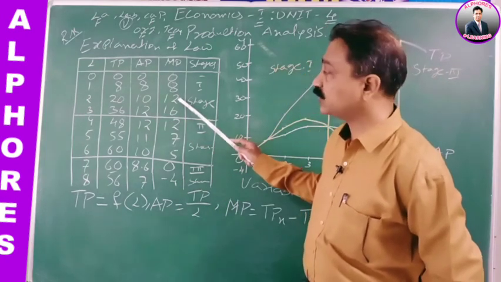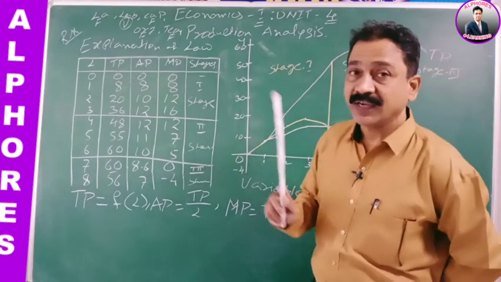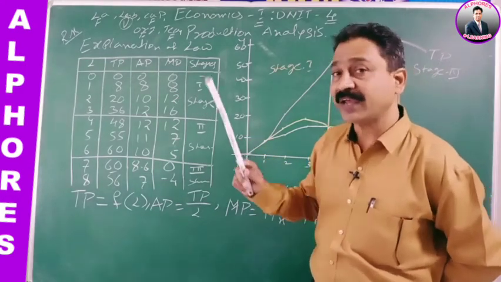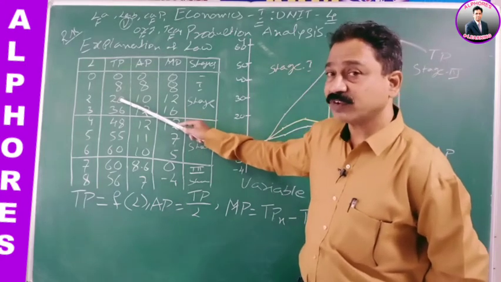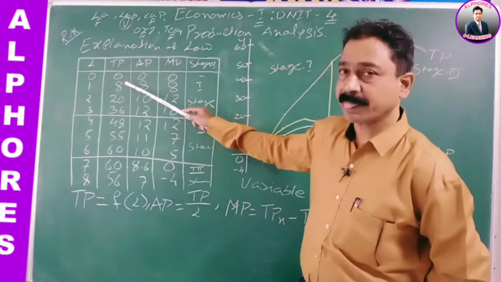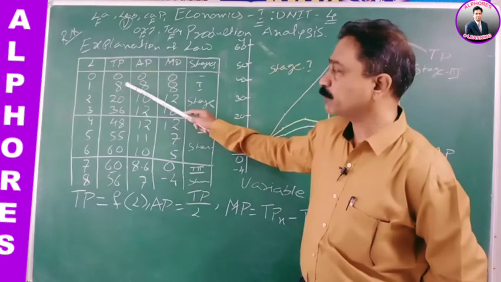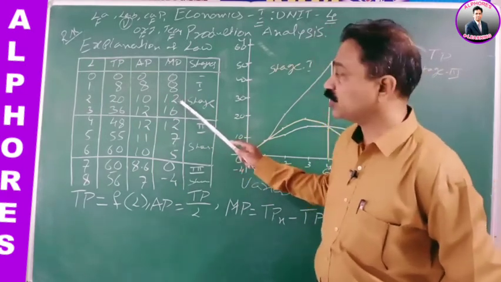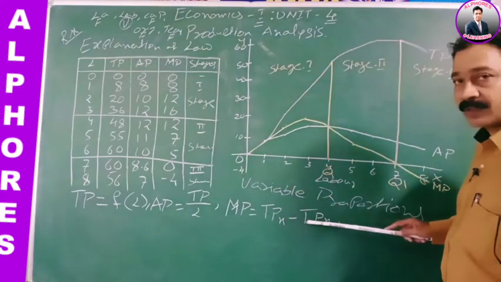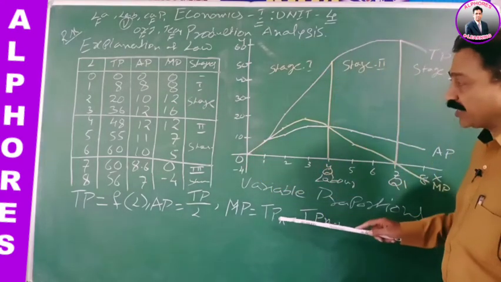How do we know that? TPn minus TPn minus 1. TPn means present, TPn minus 1 means previous. 20 minus 8, how much is it? 12. So marginal product can be taken from TPn minus TPn minus 1.